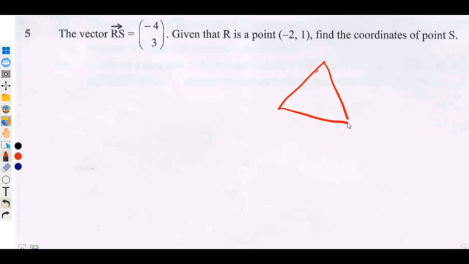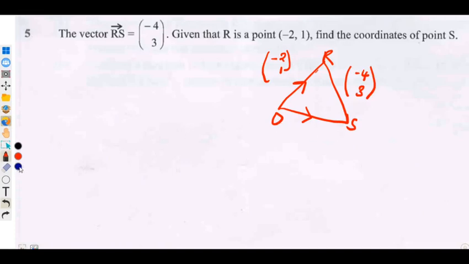Then in this shape we have the origin, then O, R, S. So this vector was moving from O to R, again from O to S. So we have been given that the point R is (-2, 1). Then RS we have been given, which is (-4, 3). So they want us to find the coordinates of OS.